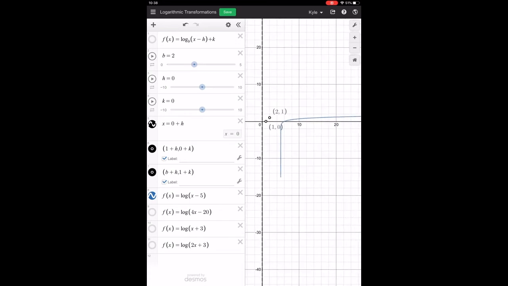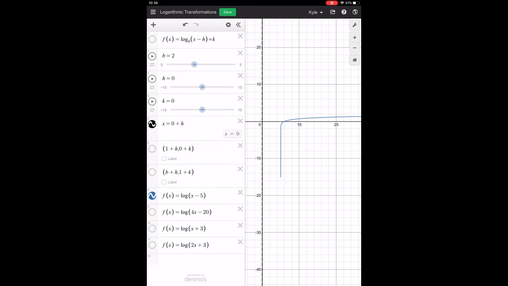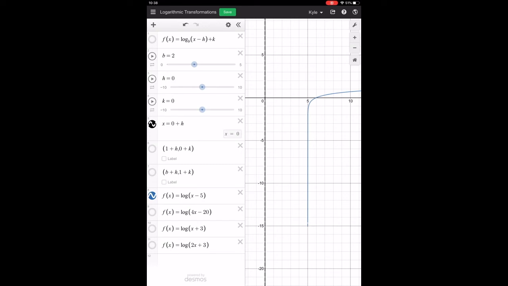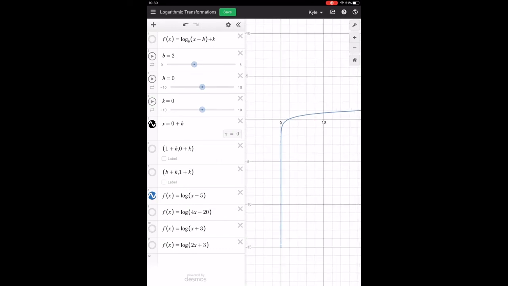You'll notice that our graph is no longer getting close to the y-axis. In fact, we've moved it over. Instead of approaching x being 0, now we're shifted over 5 units. I bet this point right here is 6, 0. And in fact, it is. So this graph was moved over 5 units to the right.